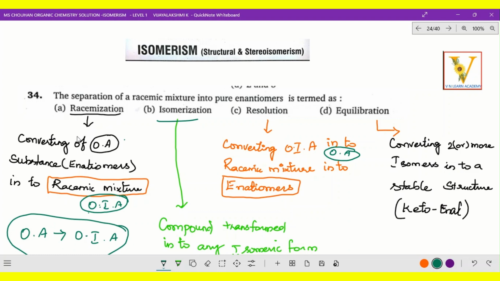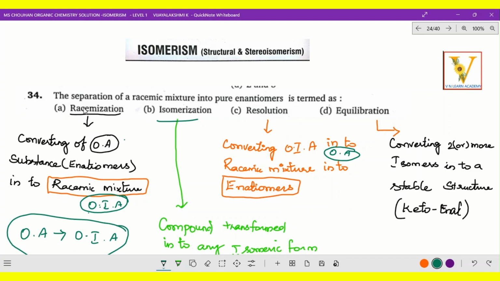Why am I telling this? Racemization is converting optically active enantiomers into a racemic mixture. What is the process here? Optically active into optically inactive. Enantiomers are optically active, racemic mixtures are optically inactive. Here the question gives the opposite concept: racemic mixture into pure enantiomers.